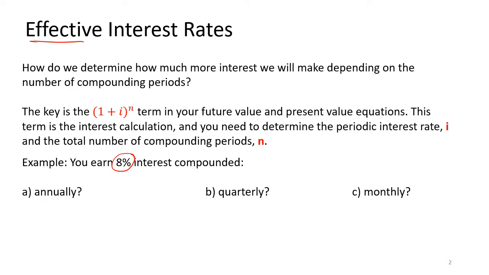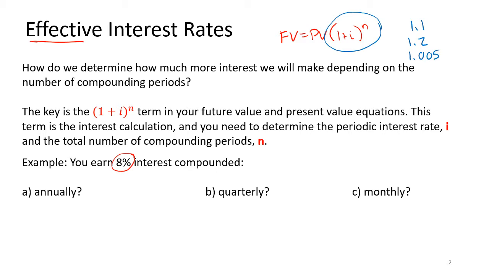The key term, if you remember from your equation, is that future value is equal to present value times 1 plus the periodic interest rate to the exponent n. This term, 1 plus i to the n, is the most important term, because it's a multiplier. It's going to come out to something like 1.1 or 1.2 or maybe 1.005.